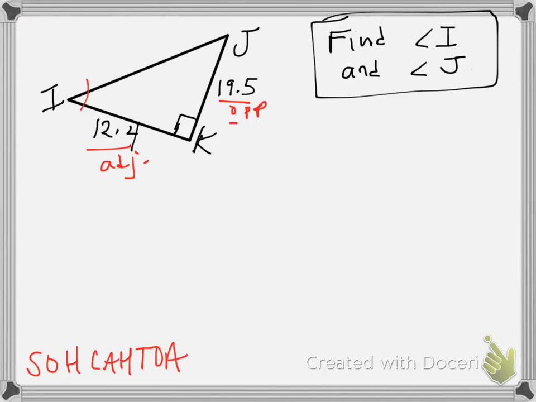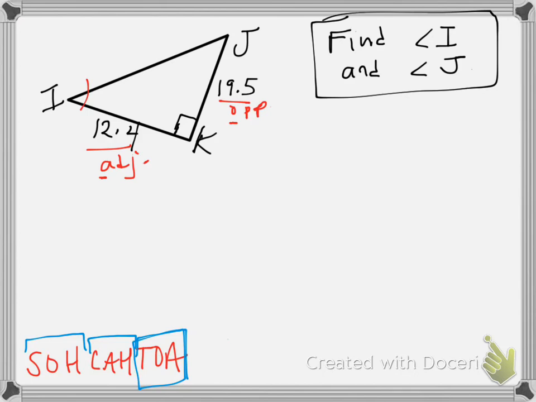So opposite and adjacent. I'm going to refer back to our old friend SOHCAHTOA. Sine. Do we have opposite or adjacent? Just opposite. That's not going to work. Cosine. Adjacent, but no hypotenuse. Aha! Tangent. Tangent of an angle is equal to the ratio of opposite to adjacent.